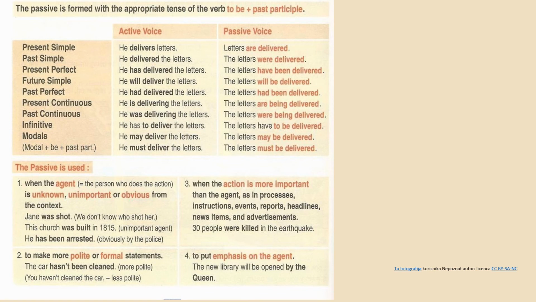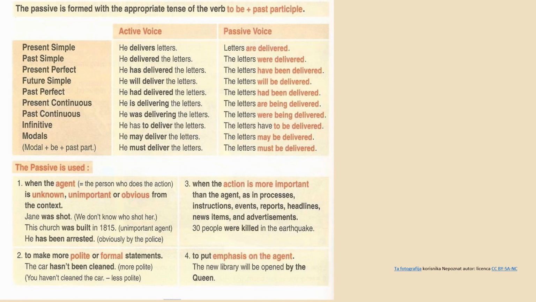You can also find additional pieces of information on the usage of passive. So the passive is used when the agent, the doer, is unknown, unimportant, or obvious from the context.